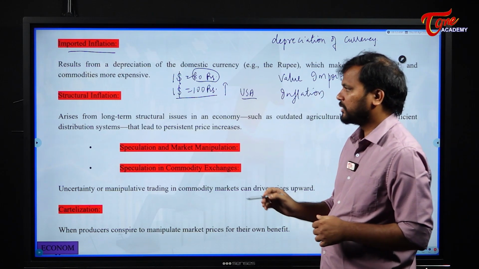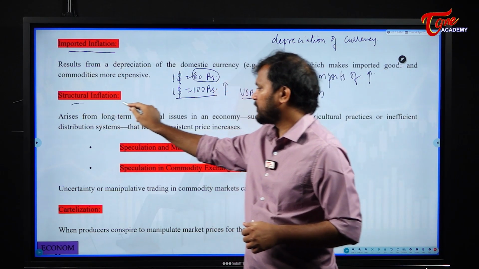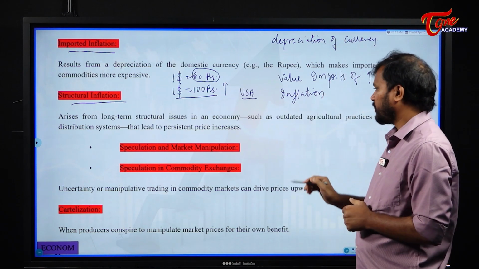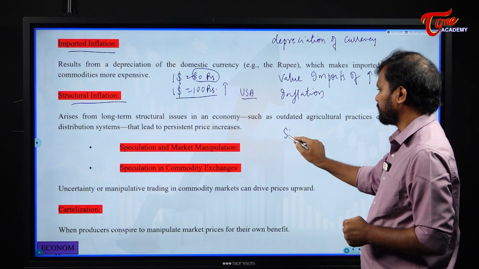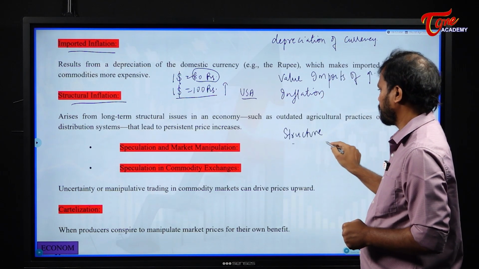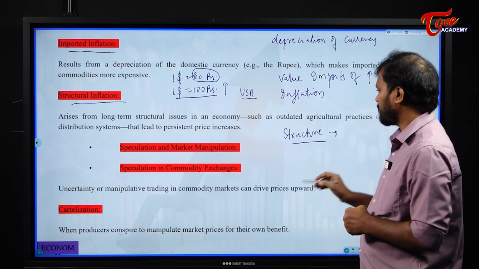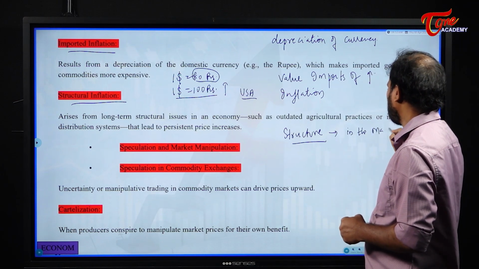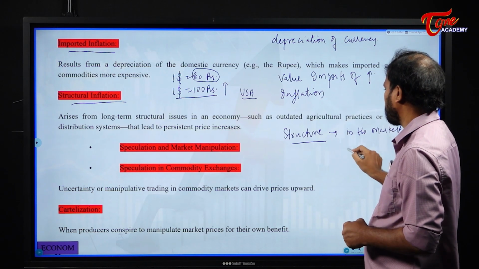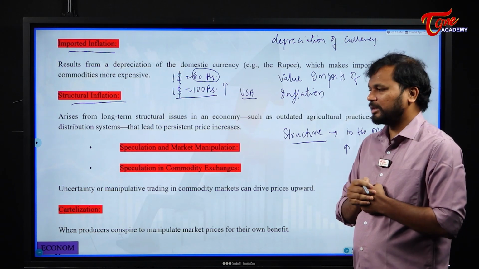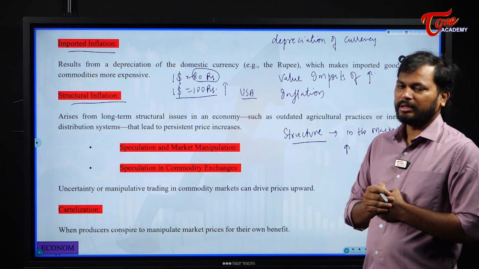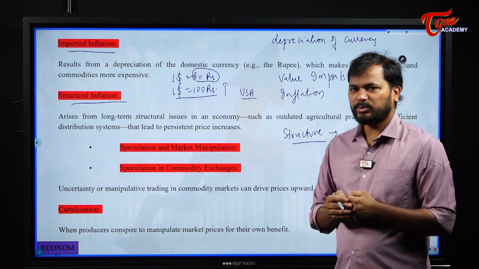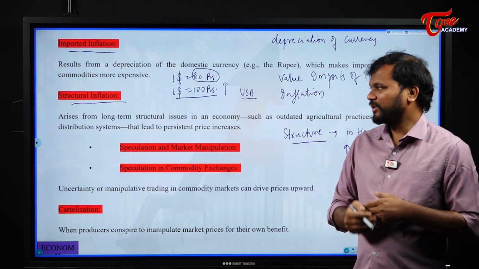Clear? Next, structural inflation. Because of the structure in the market or structure in the country, there is increased inflation. The economic structure in the market is leading to the increased inflation, and that is what is called structural inflation.